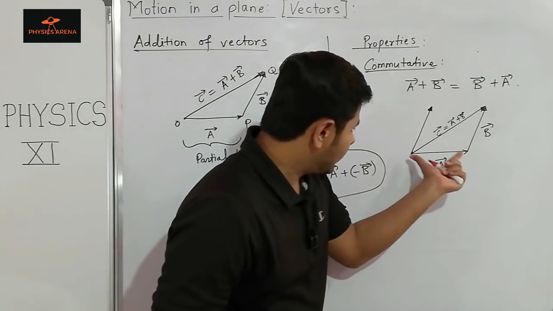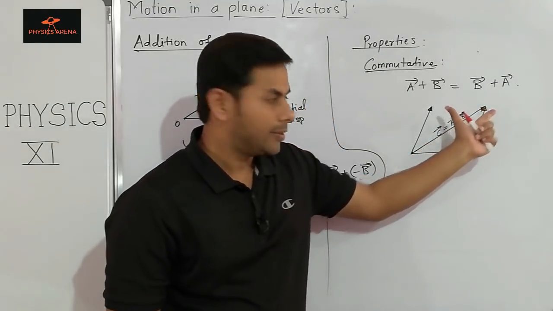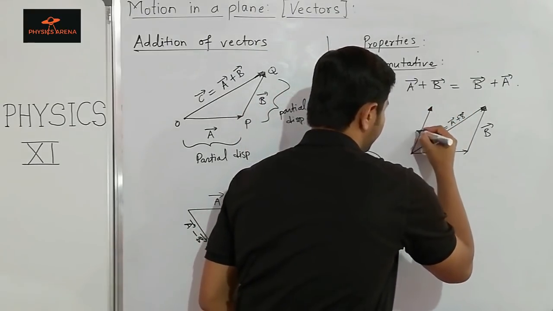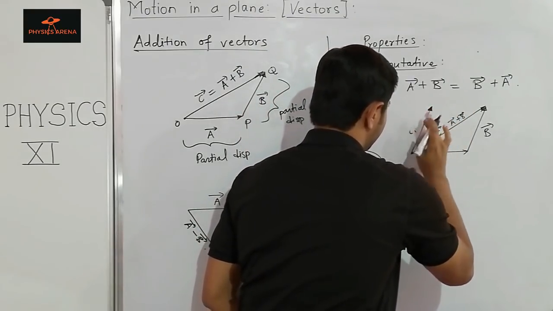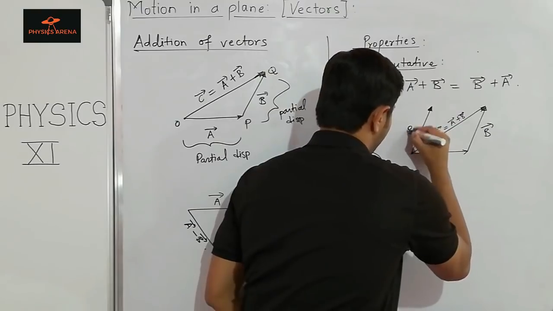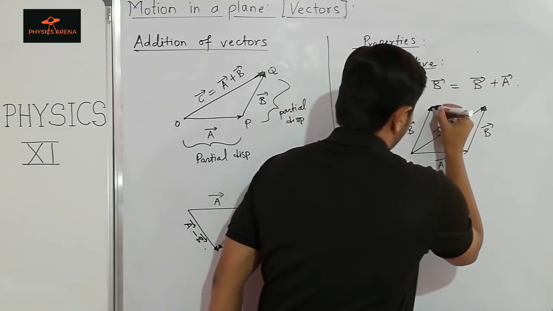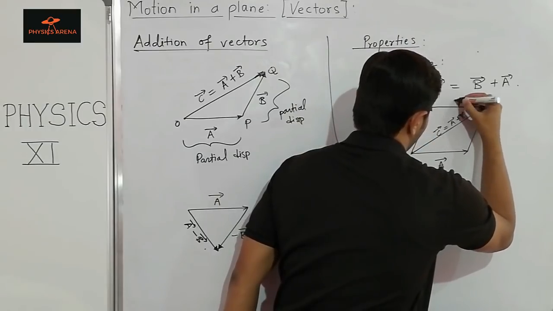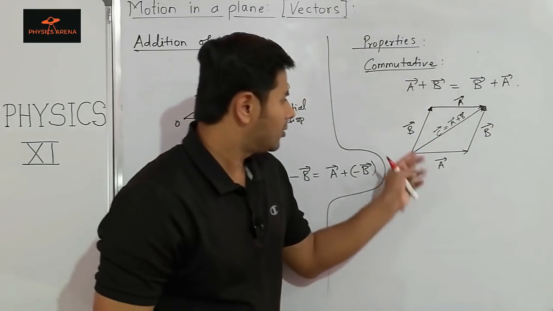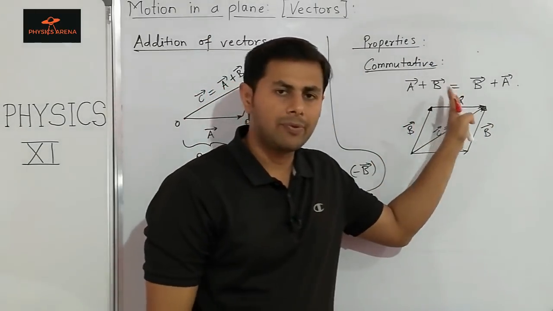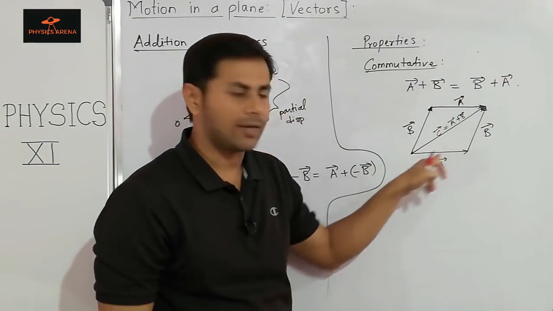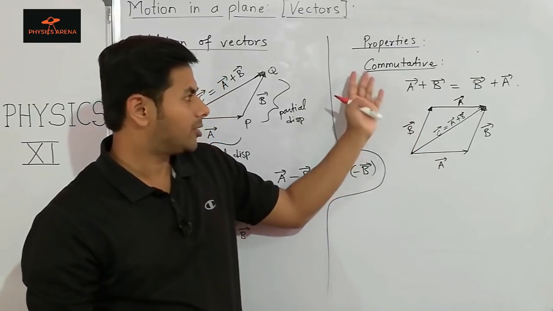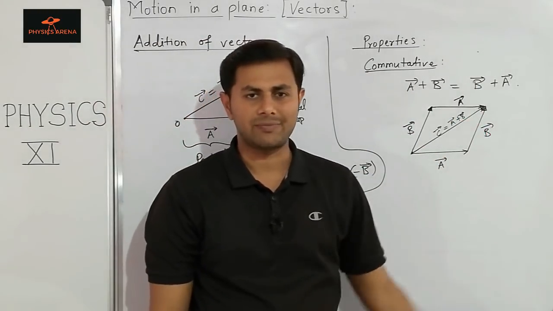Now I will take this a bar and put it at the end point of b bar, or tip of b bar. Sorry. So I put this a bar here, and look, what do I get by b bar plus a bar? So I get the same vector, c bar. So this proves the commutative rule for addition.